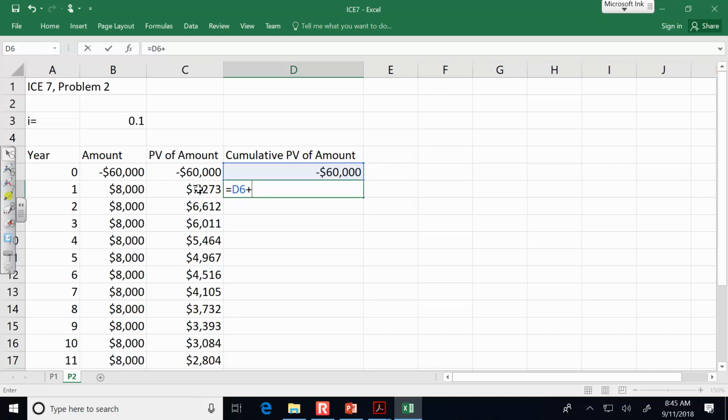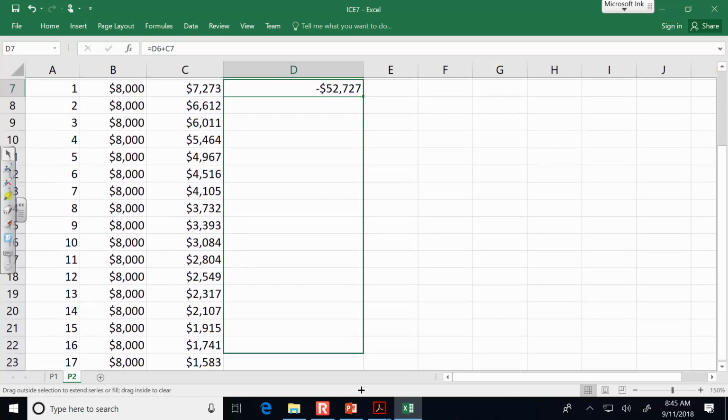So the way to combine amounts is to take them all to the same year. That's what we've done here in the PV of amount column, and then we're accumulating to find out how much it's worth. So it's the cell above plus the one to the side of it, and then you drag that down all the way to the end of our time frame here.